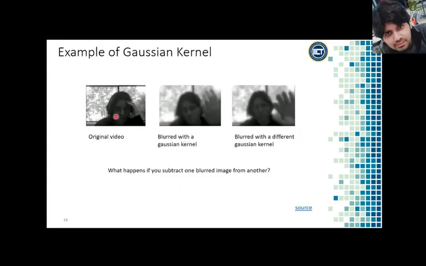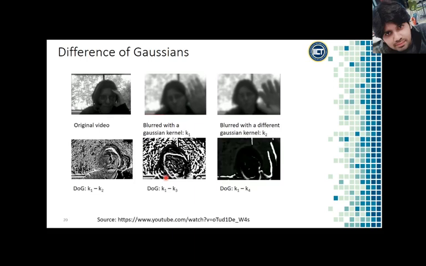The example of the Gaussian kernel is shown here. If we have an original video, we consider the first frame of it, and then we blur the subsequent frames with a Gaussian kernel, and we get this kind of response.